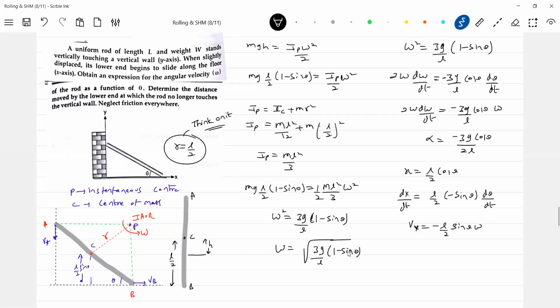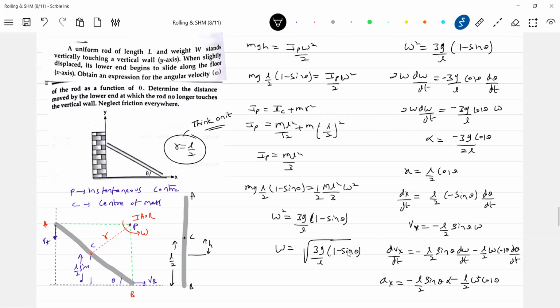Once again, let me differentiate. L by 2 sin theta d omega by dt. This will become minus L by 2 sin theta alpha minus L by 2 omega square cos theta.